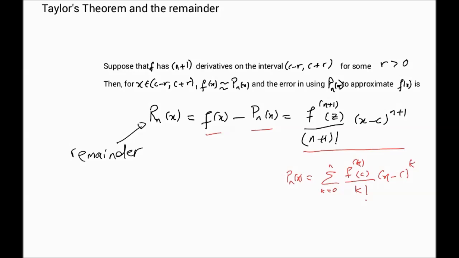Now, what does this look like here? If you notice, everything looks very familiar. This looks like the n plus 1th term, and that's what it is, in fact. The only thing that looks a bit unfamiliar, perhaps, is this z. What is this z doing here?